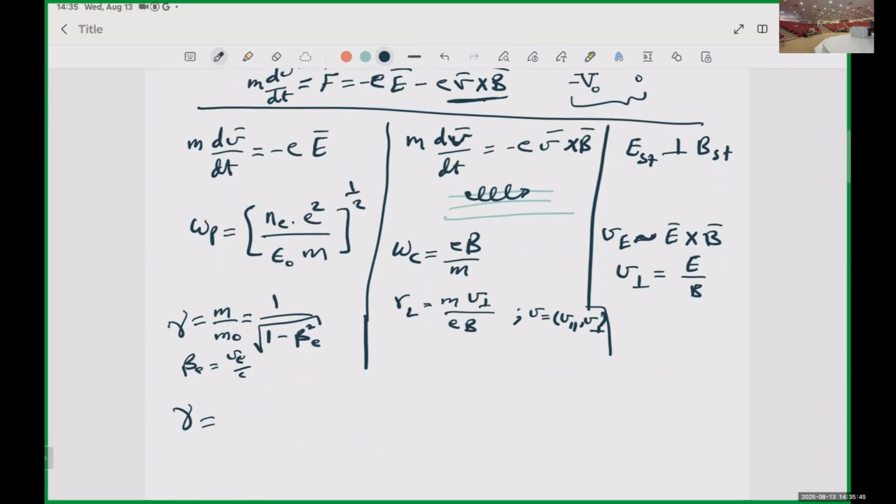Let me rewrite the equation here for you: gamma equals 1 plus V in megavolts over 0.511. Let's say this is the cathode gamma.